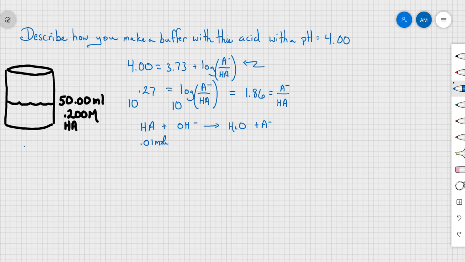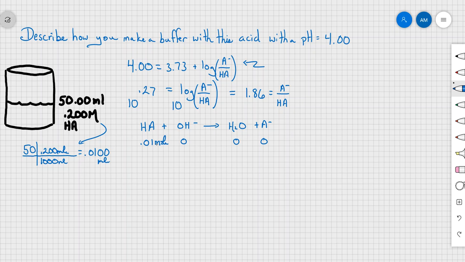I know that 50 times 0.2 moles over 1,000 mLs equals 0.01, and we'll put some more zeros in there. So that's coming from here. We have nothing here, and we have basically nothing anyplace else.